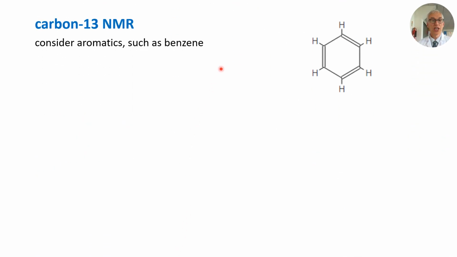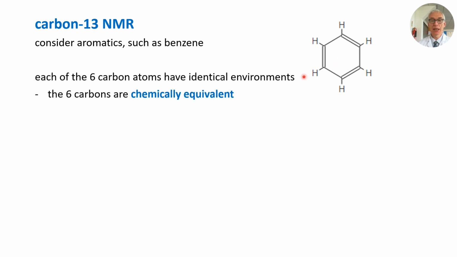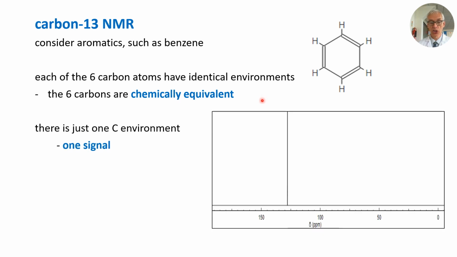So if we consider aromatics such as benzene, here is our structural diagram for benzene. We're going to employ the same sort of thinking as we did for cyclohexane, in that each of the 6 carbon atoms has an identical chemical environment. That is, they are chemically equivalent, and therefore they absorb at the same shift value.